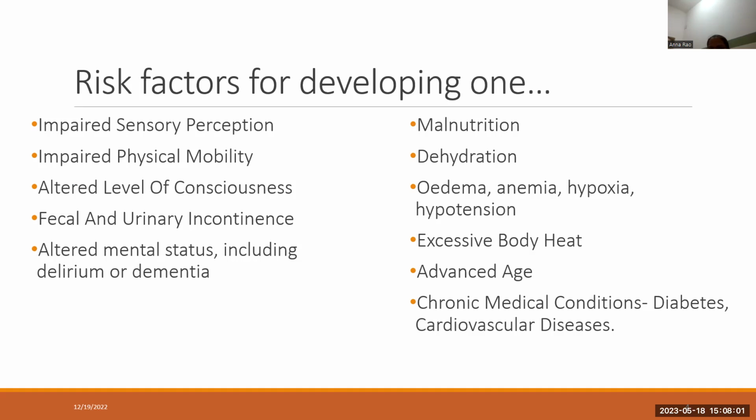Patient is not mobile, right? He himself is not able to move in the bed, so he is bound to develop pressure sore. What about if the patient is unconscious, right? There also you will find that the patient develops sore very easily. Here comes the moisture, right?